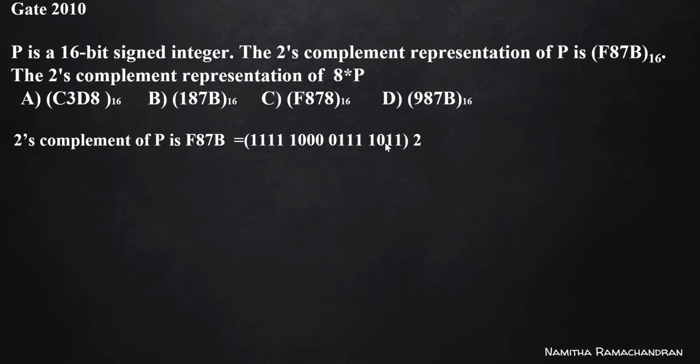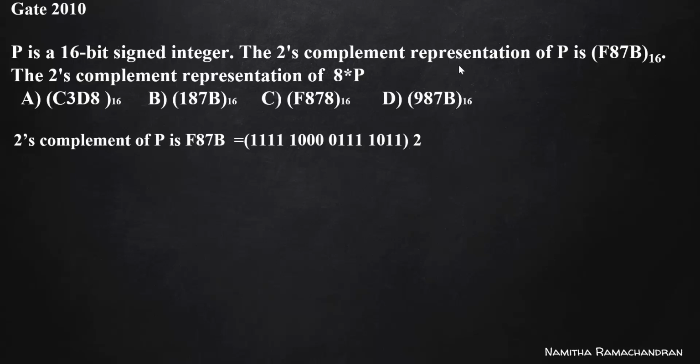P means 1011, 7 means 0111, 8 1000, F 1111. So this is actually in 2's complement form, which is already mentioned in our question. So from this pattern, it is clear that MSB bit is 1. That means the number is negative.